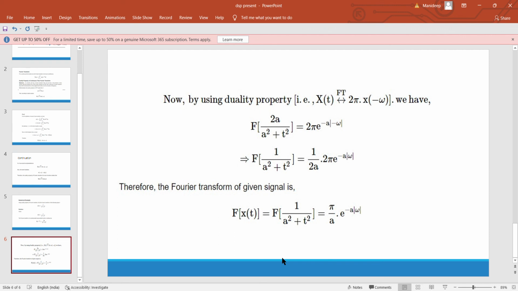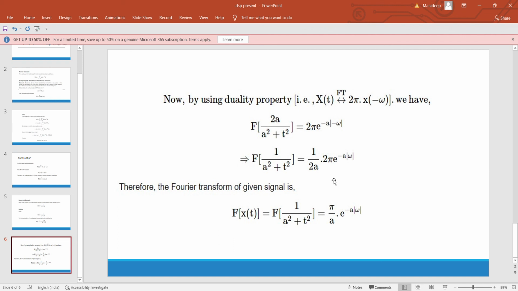So we send that 2a to right hand side. Then we get the equation as F of 1 by a square plus t square equal to 1 by 2a into 2 pi into e power minus a into mod of omega. So by the definition of mod function, mod of minus x is equal to mod x.